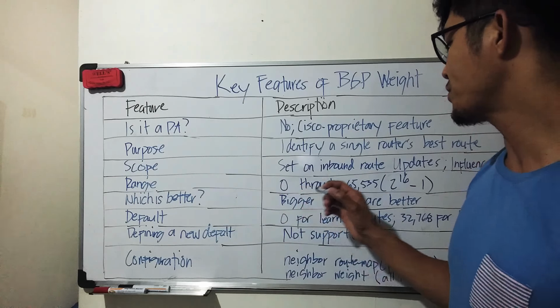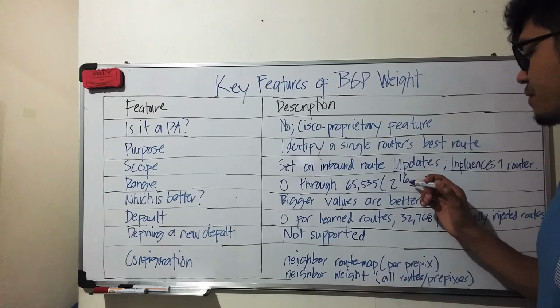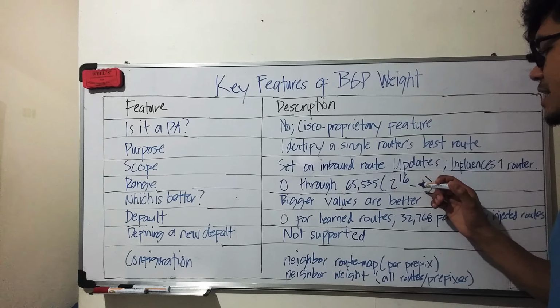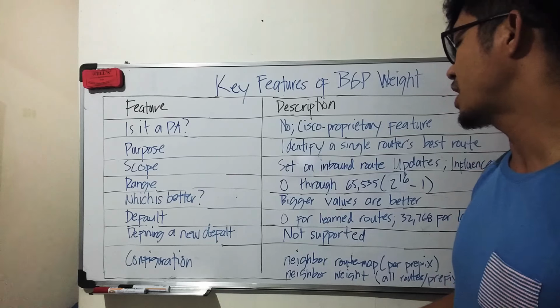Range: 0 to 65,535, 2 to the power of 16 minus 1. And which is better? Bigger values are better.